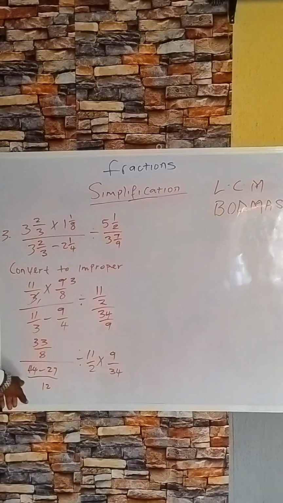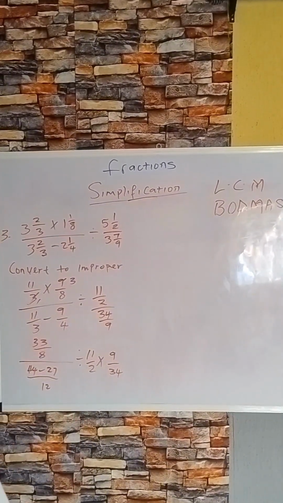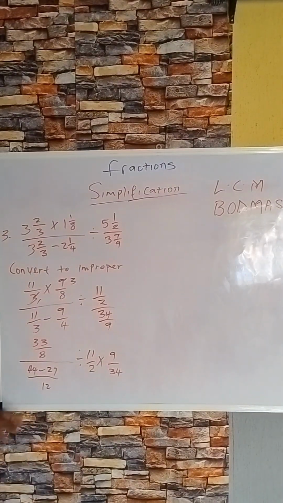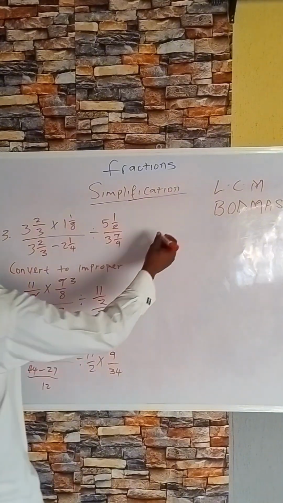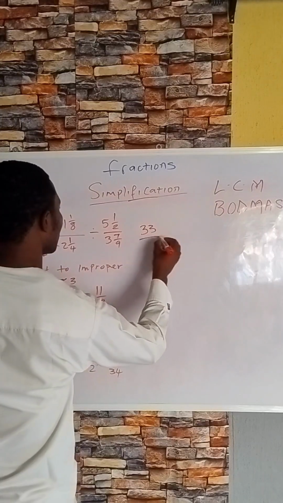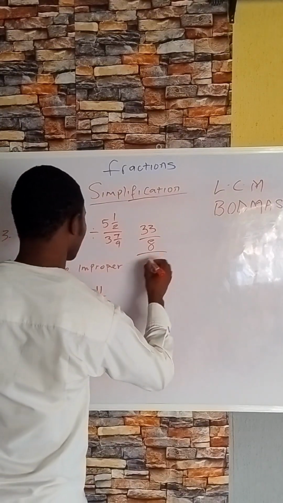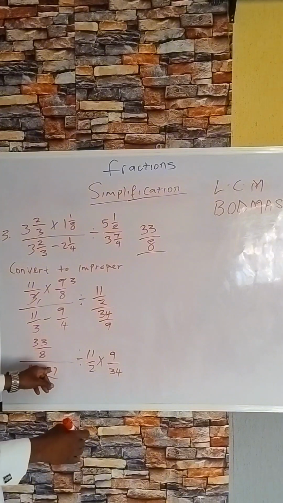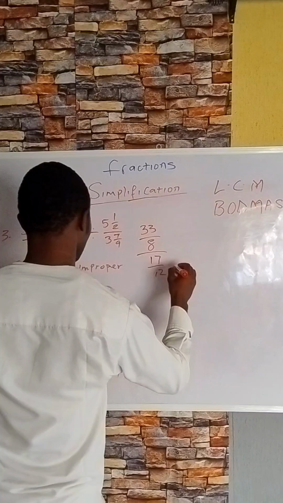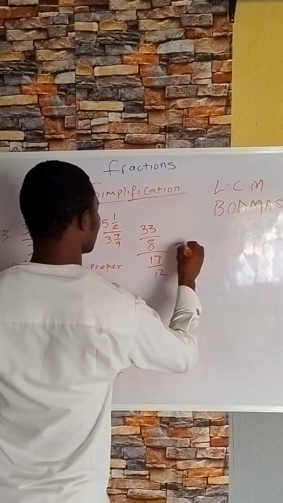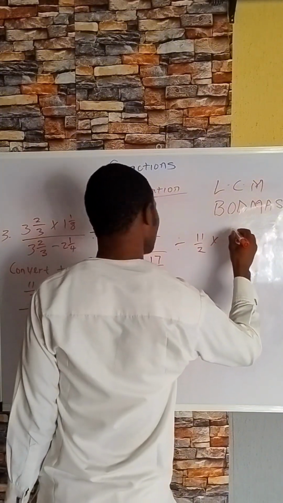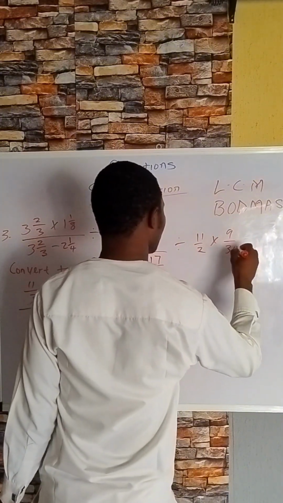Okay, so this is what we have. Let's move this over here. We get 33 over 8 over, so 44 minus 27 becomes 17 over 12 divided by 11 over 2 times 9 over 4.